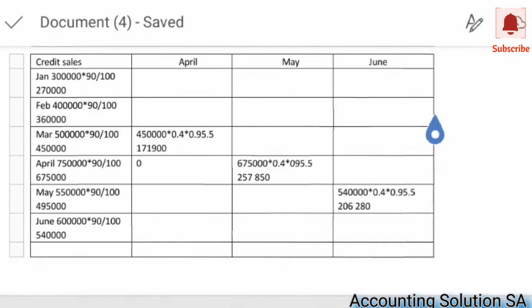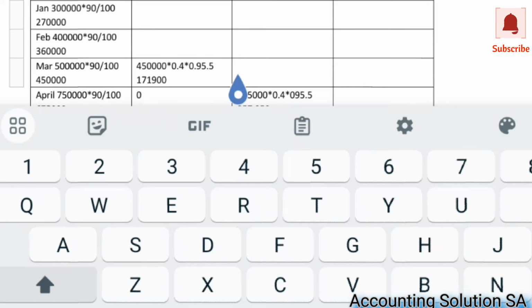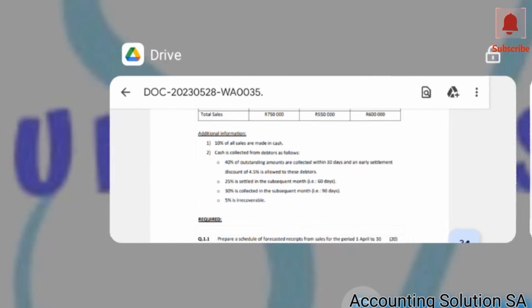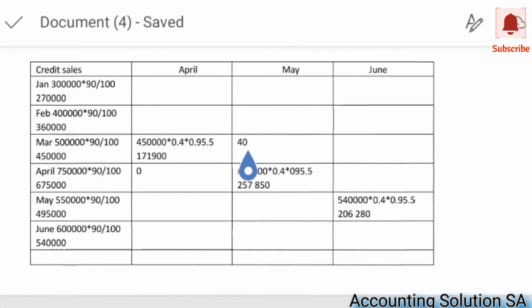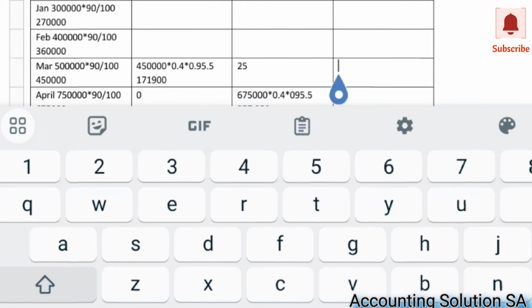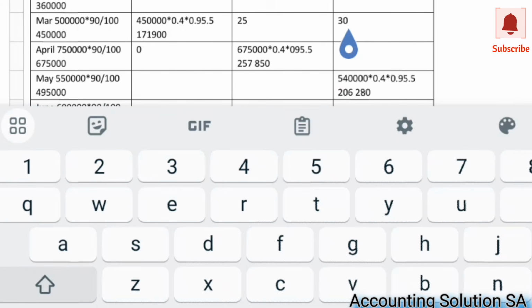Once you get 40 here, the following one is gonna be 25, and if we have another column, we're going to put 30.